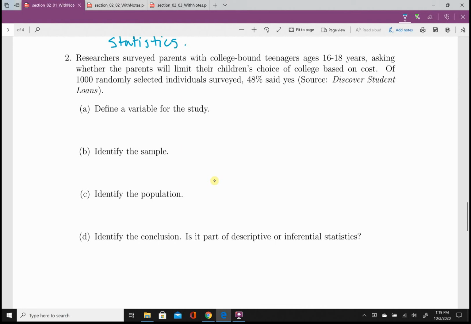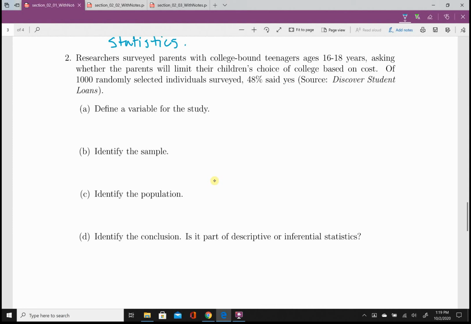Okay, so a variable of the study is if parents will limit their children's choice based on cost. Either they will or they won't, right? So how do we want to write this? Hold on.